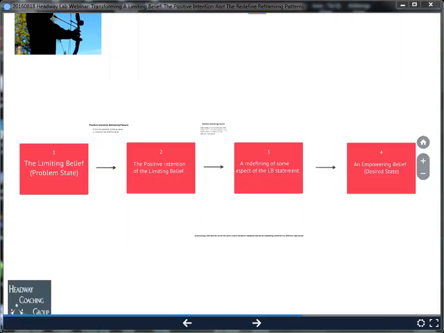Let me use my annotation tools to give you a kind of visual.